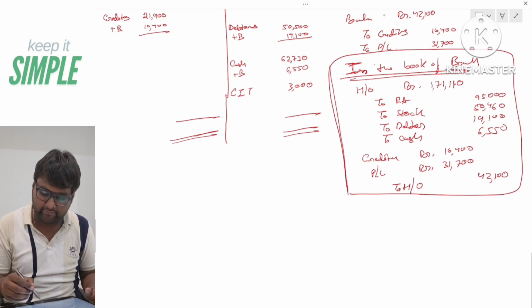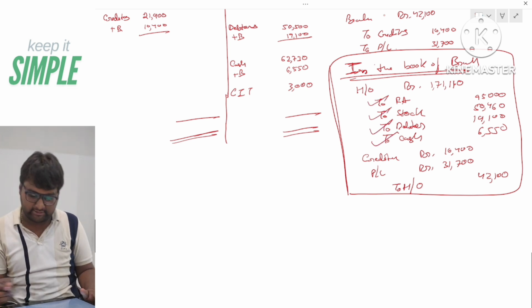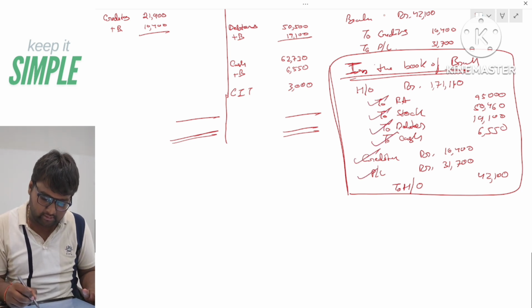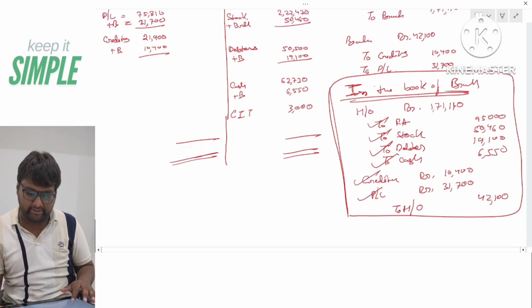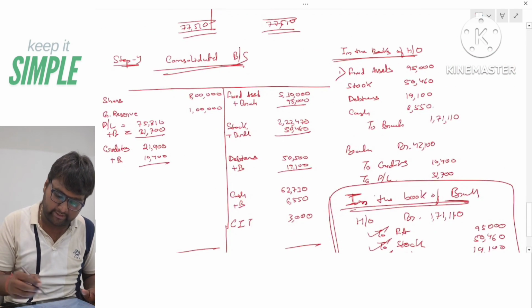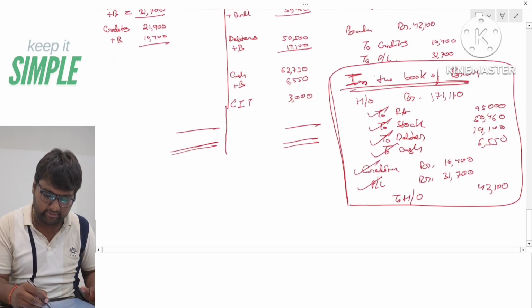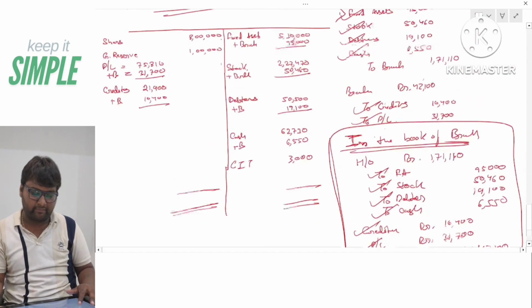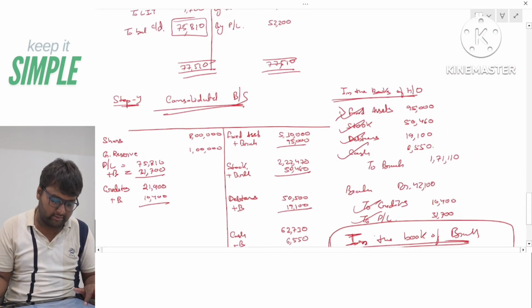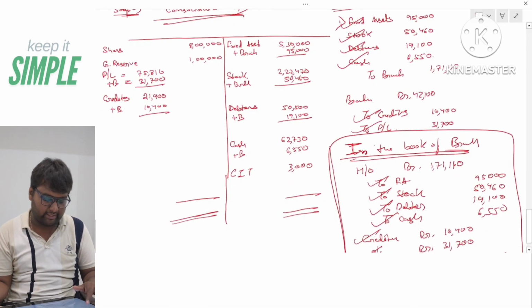They are giving away their assets, so they are crediting it, and they are giving away creditors and profit, so they are debiting it. Same way, head office is receiving all the assets, so it's debiting it, and receiving all the liabilities, so it's crediting it. Okay, understood? So we have prepared the consolidated balance sheet as well.